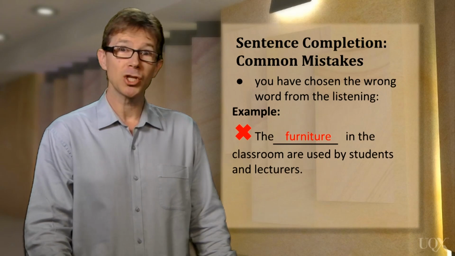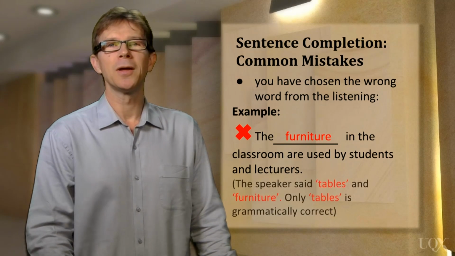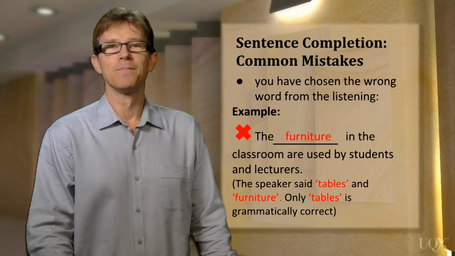That is, furniture is an uncountable noun and so it doesn't fit the gap. As you've seen, grammar is particularly important in this question type, so by being careful about your grammar, you can improve your chances of getting a higher score. Now take some time to review the written summary of how to do this task.